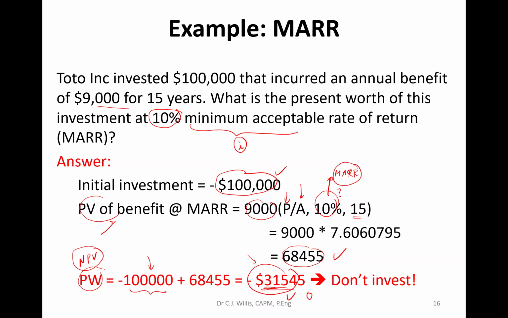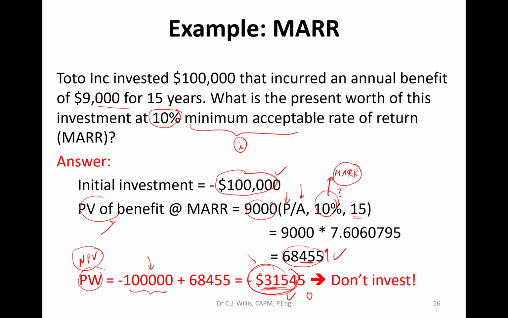You can compute IRR if you wish to. If that percentage is bigger than 10%, then you accept it. Unless this is higher, this won't become zero. You understand me?